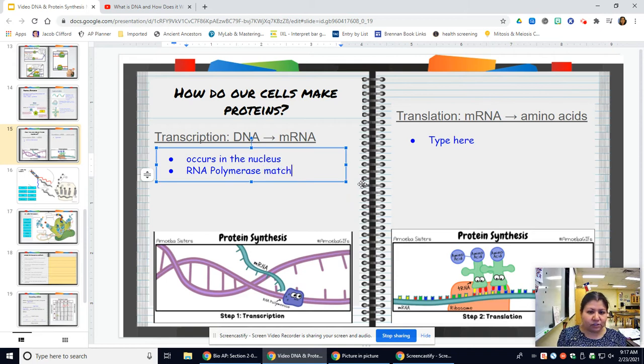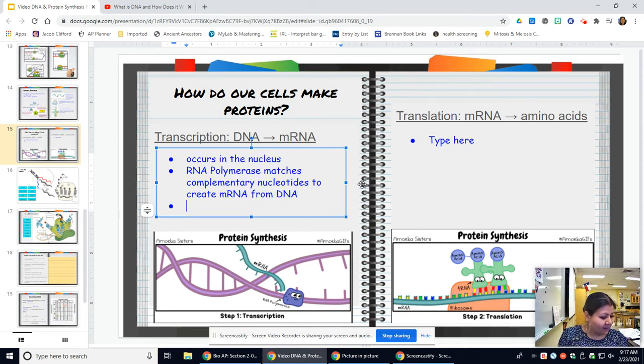It matches complementary nucleotides to create mRNA from DNA. And then after that, my mRNA leaves the nucleus to the ribosome.